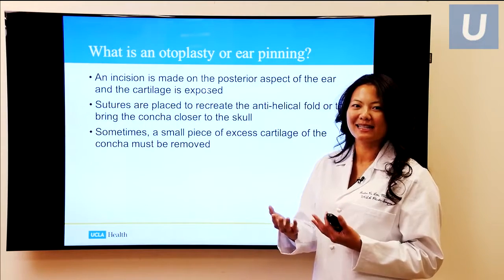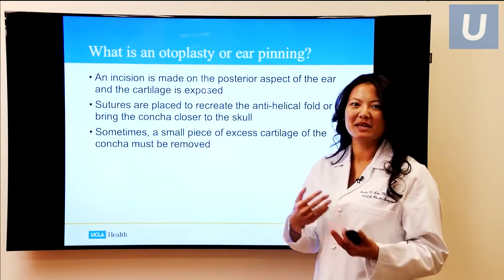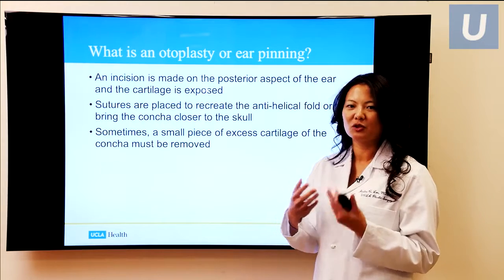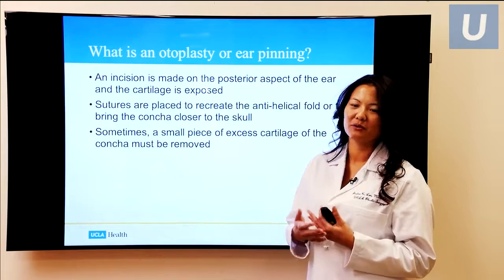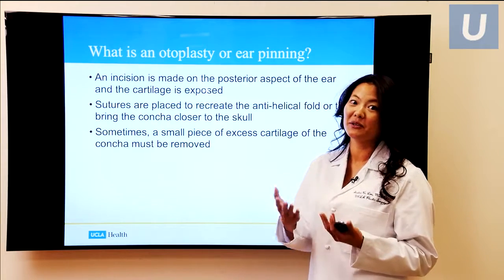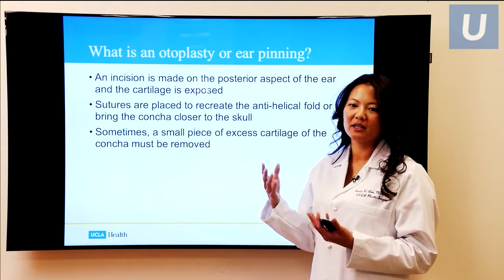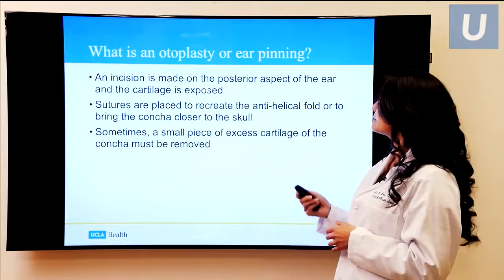Nobody has exactly the same ear on one side versus the other. Nobody has the same ear as somebody else. And so because ears have so many variabilities, it sort of depends on what type of ear you or your child has for me to really tell you what really needs to be done. But these are the most common methods that we use to fix these problems.